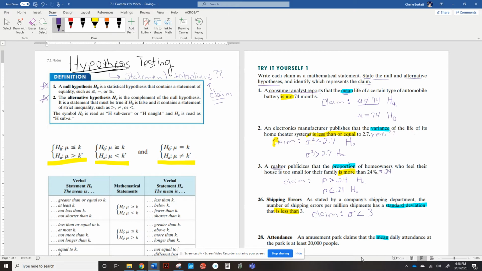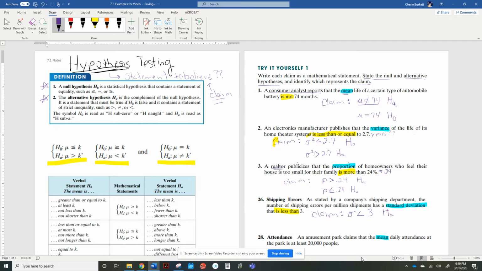This is the symbol for standard deviation. This is the symbol for is less than, and then there's the 3. Which hypothesis is it? Well, does it contain equality? Is there a bar underneath it? No, it's not. It's this one right here. So it is going to be the alternative.